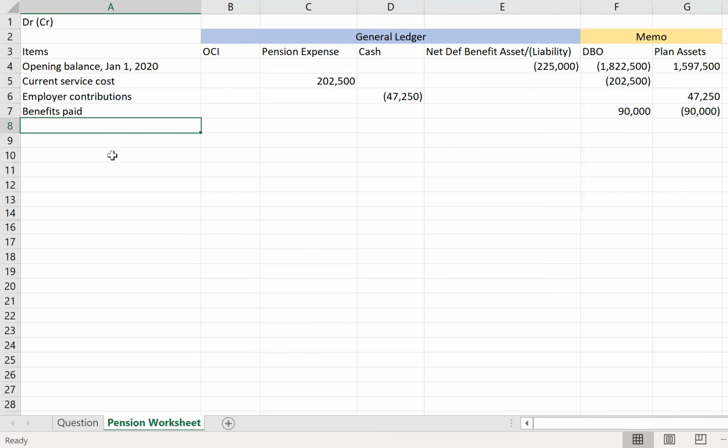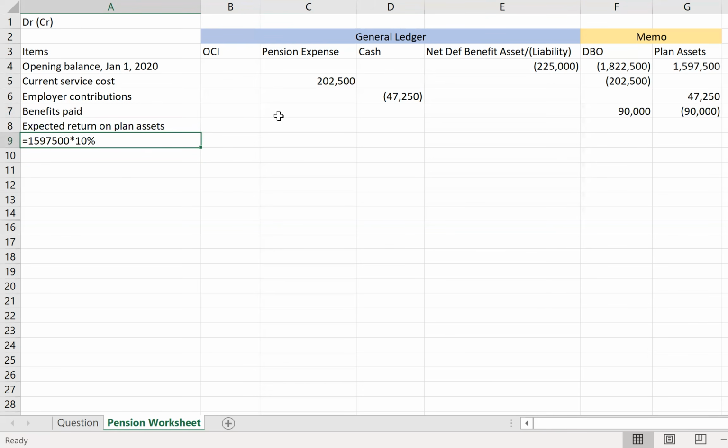They're investing it to earn funds back. So the expected return that we're told from the actuaries is 10%. So we're going to simply take this 1,597,500 times 10%. And that is what this amount's going to be.